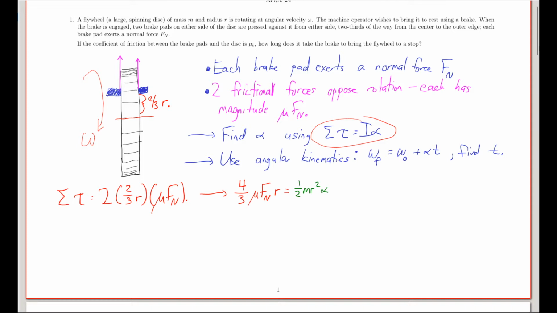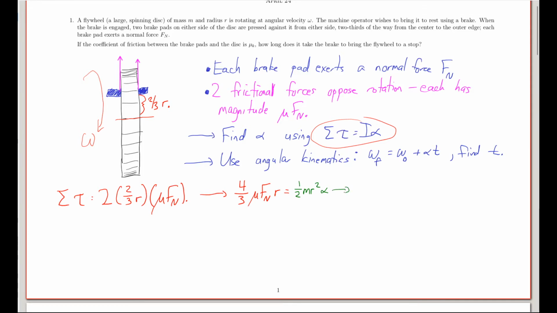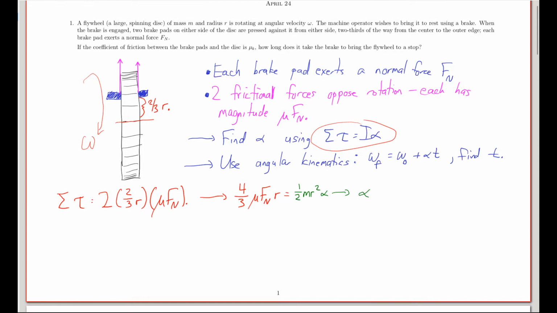So now we can find alpha. Alpha is going to be 8/3 mu Fn, and when we're dividing by r, one of the r's cancels, divided by mr. Let's see if the units come out right.